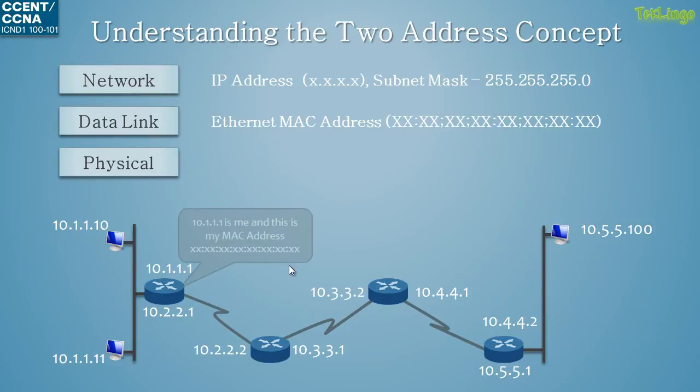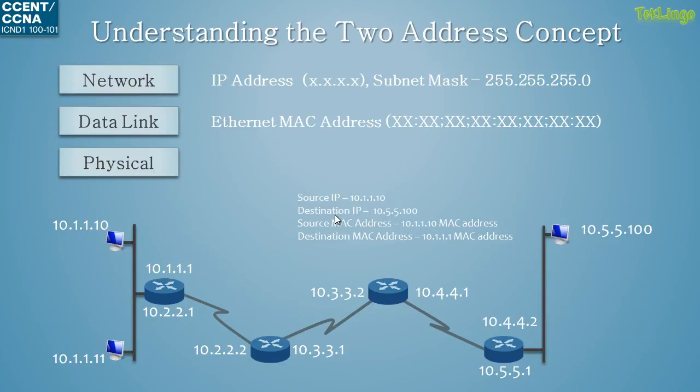So the data starts flowing from 10.1.1.10, which is the source IP address, and the destination IP address is the computer 10.5.5.100. The source MAC address would be the computer 10.1.1.10 because it is the computer initiating the file copy. The destination MAC address would be the MAC address of the default gateway, which is 10.1.1.1.